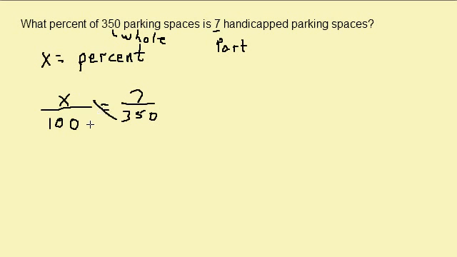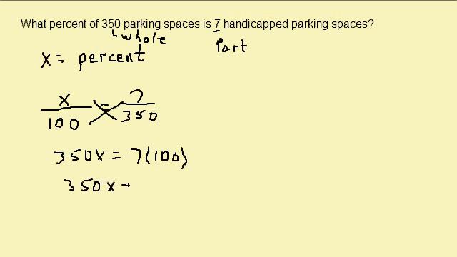So we cross multiply. So I get 350x equals 7 times 100. So I get 350x equals 700, and then I'm going to divide both sides by 350.